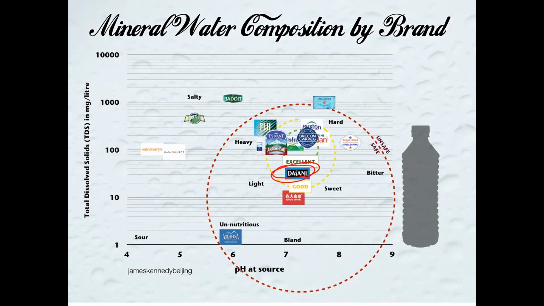And you can see it's falling into what this author thinks is the good or excellent category in terms of its being a good pH and a good amount of total dissolved solids. So there's kind of a bar: if your total dissolved solids are greater than 500 milligrams per liter, then it equals salty.